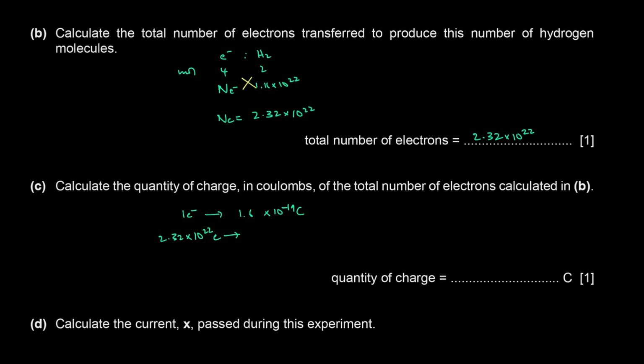We can say that the charge, let's call that Q, is equal to the total number of electrons, 2.32 times 10 to the power of 22, times 1.6 times 10 to the power of negative 19. And this comes out to 3.71 times 10 to the power of 3, or you can just say 3710 coulombs.